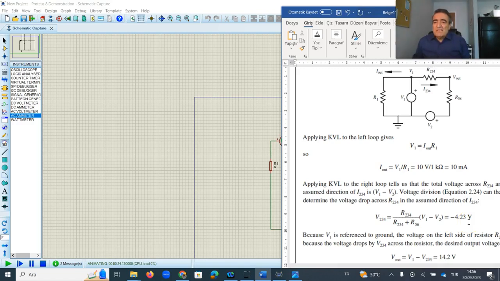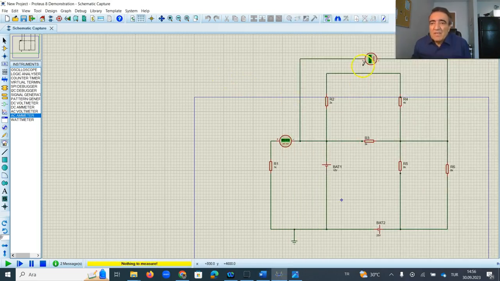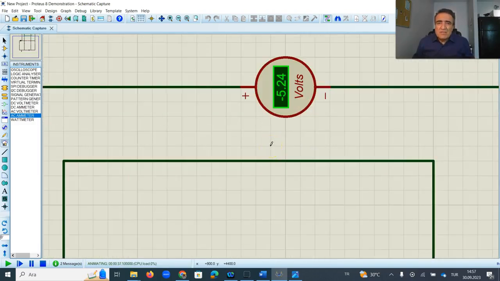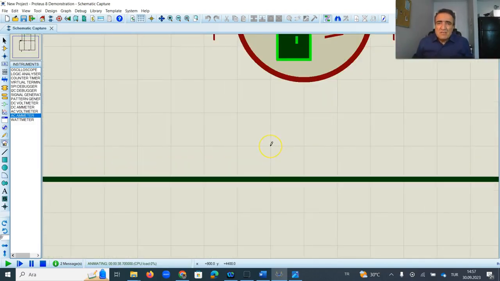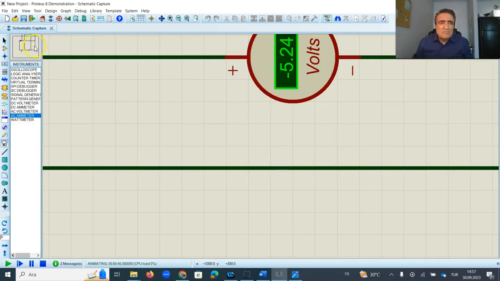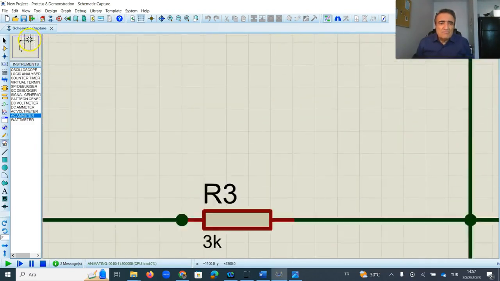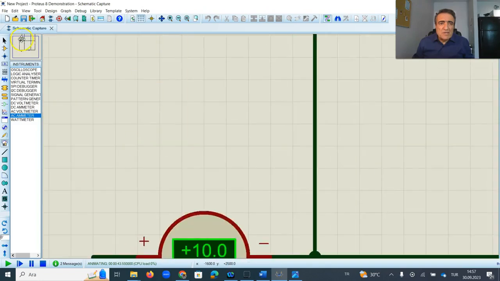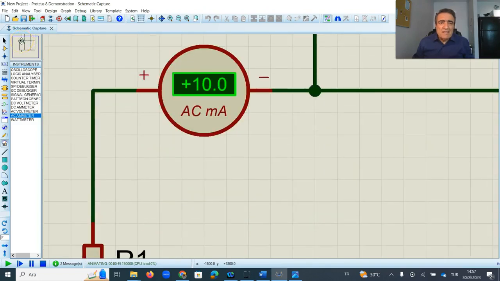Why do we get a different result here? 4.23, but we found here 5.24. You see here. And where is our ammeter? Ammeter is 10 milliampere.